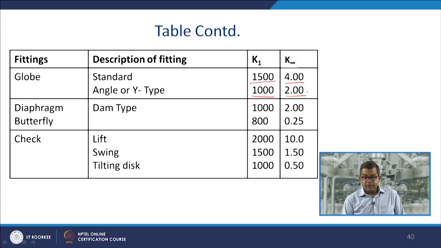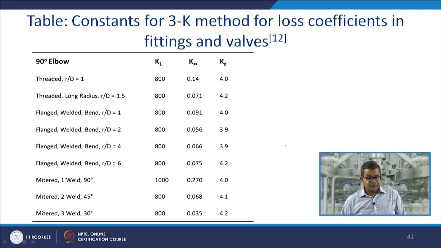Then for this, 1000 and 2, and 800 and K infinity is 0.25. Check valve may be lift 2000, 10; swing 1500, 1.5; and tilting disc 1000, 0.5.